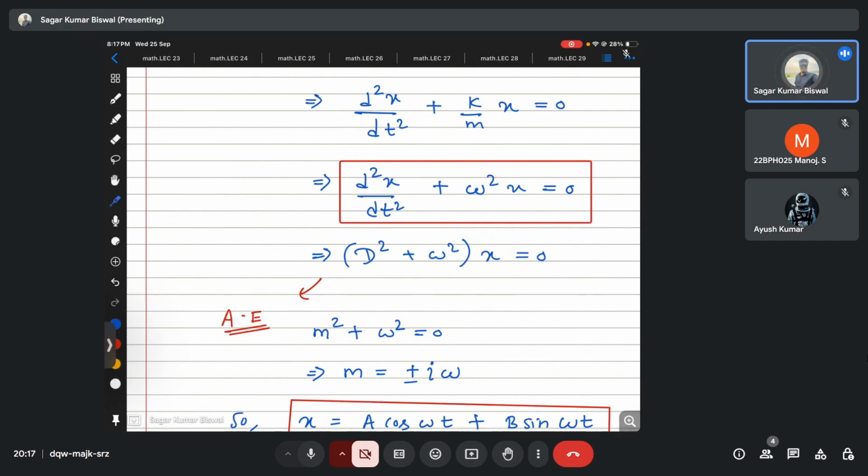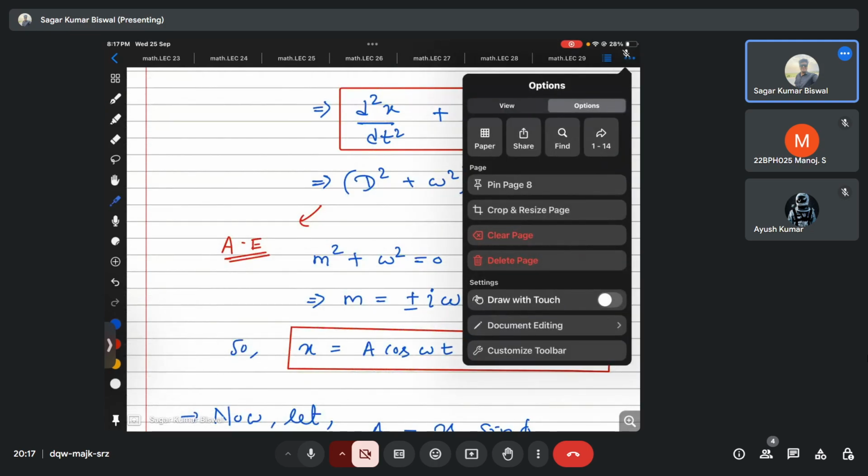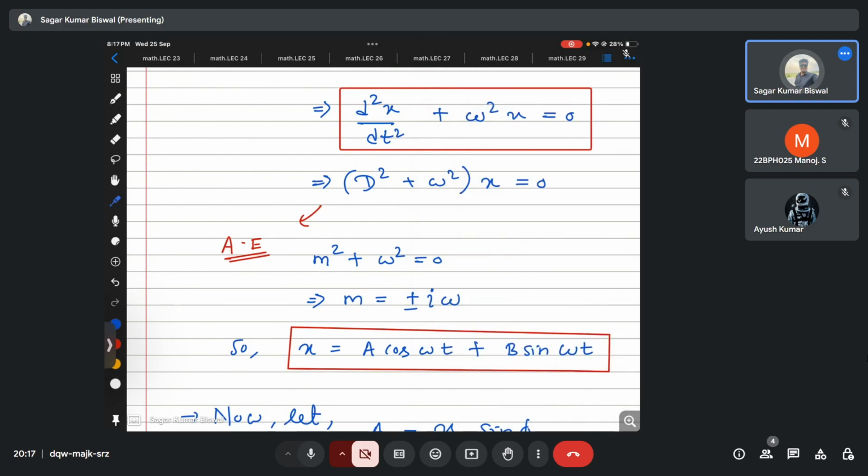The auxiliary equation will be m square plus omega square, right? Then what are the roots? These are the roots of this auxiliary equation, right? Plus minus i omega.